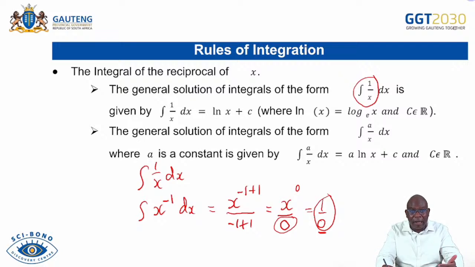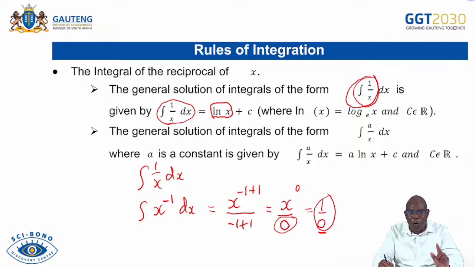But to integrate this whole thing, given in this order, will always be given by what we call the ln of x. That you must know also. The ln of x plus c. Because it's 1 over x, that is the same as the log of x, basically. We can write it like that, but in integration we now prefer to write it as ln of x. So please note that, it's very, very important.